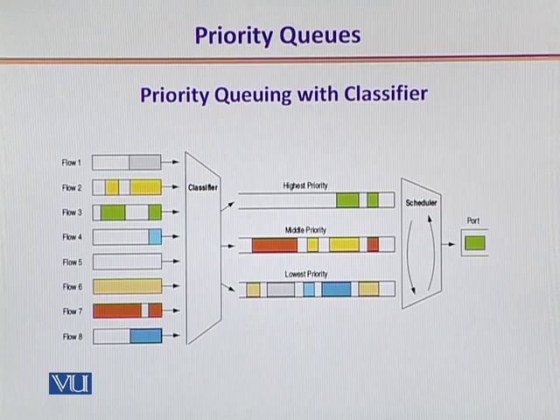Visually, we can see that compared to fair queuing, we have lesser number of queues. These queues have been declared as highest priority, middle priority, and lowest priority. It means that the flows have to be classified now according to which priority class they belong to. And then the packets would be inserted in respective queues and would be treated in a first in, first out manner. You can see, if you look at the highest priority queue, the green flow is considered to be the highest priority.